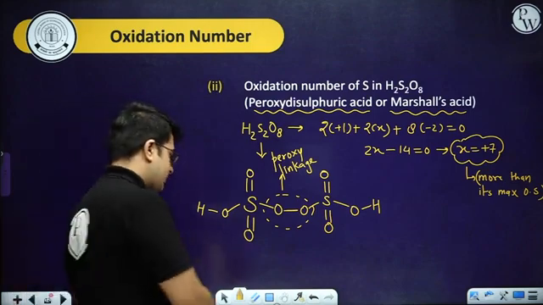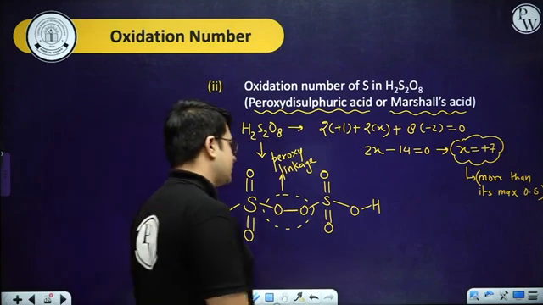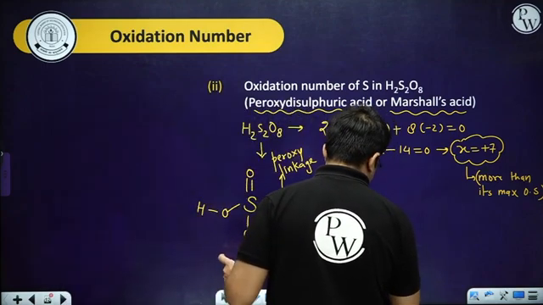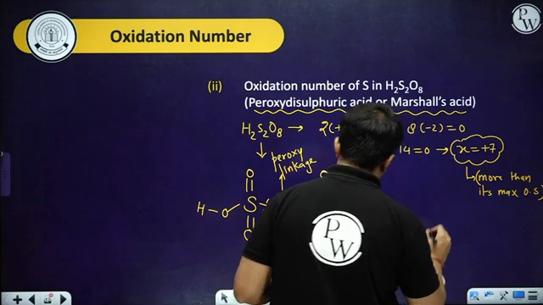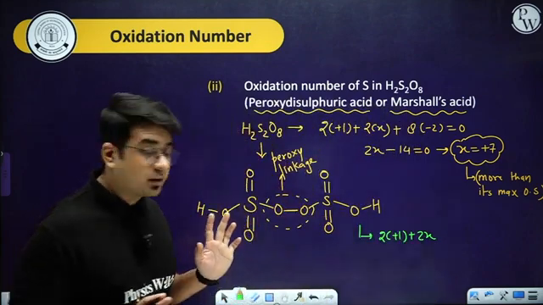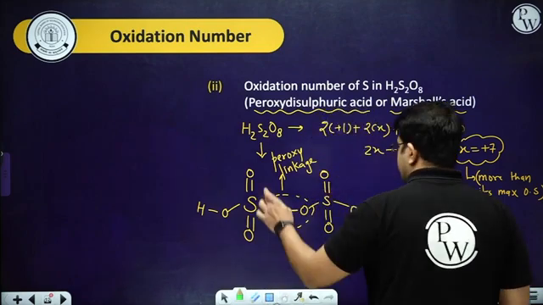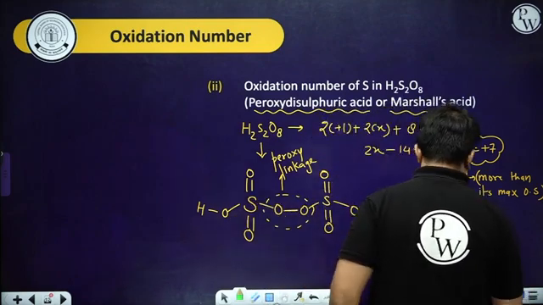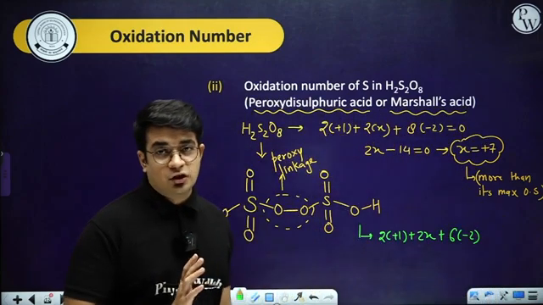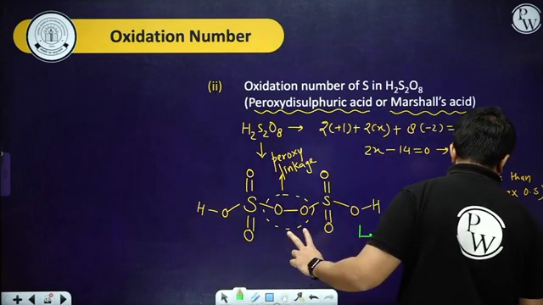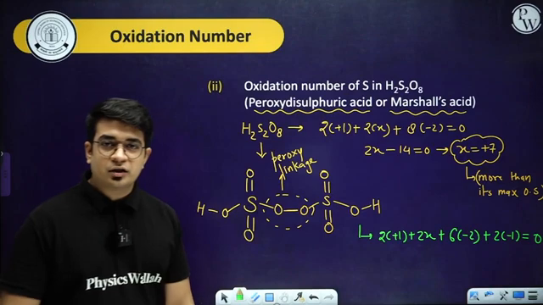It means in this particular case, for the calculation, I can say two hydrogens are there which are +1, two sulfurs which I don't know, plus 1, 2, 3, 4, 5, 6 oxygens which are normal, and only 2 oxygens are connected as peroxy, so that will be -1, and the entire compound is neutral, which is 0.